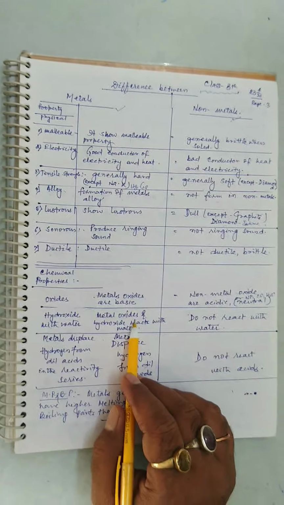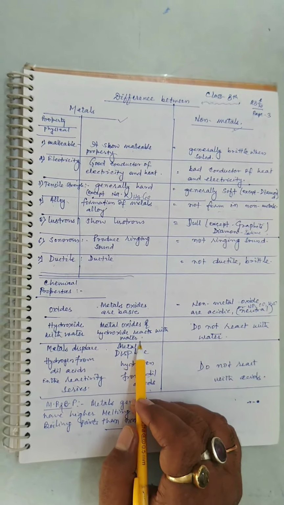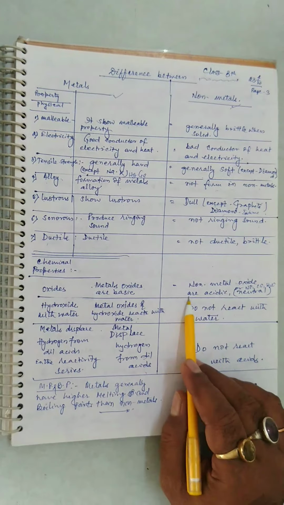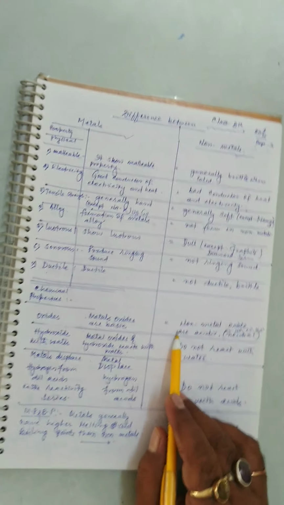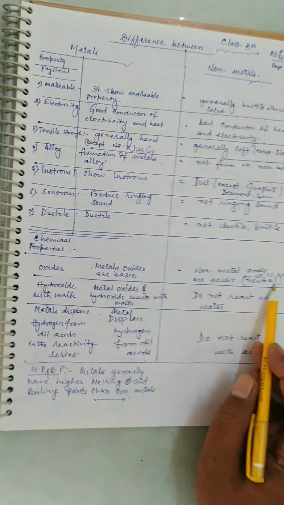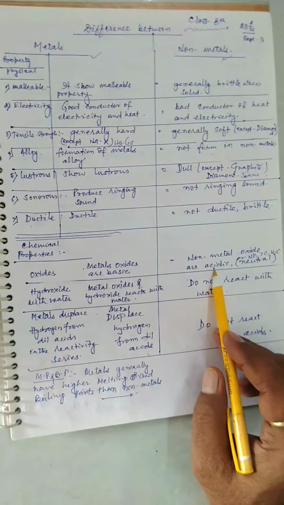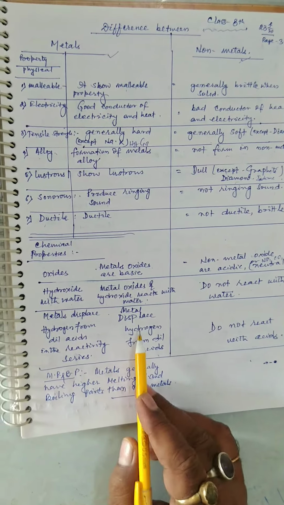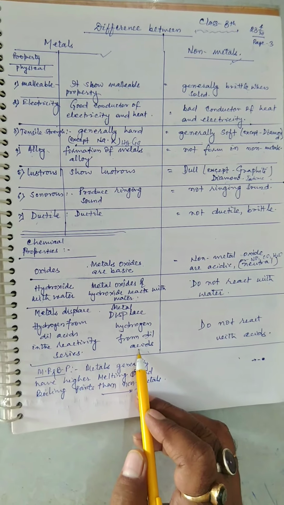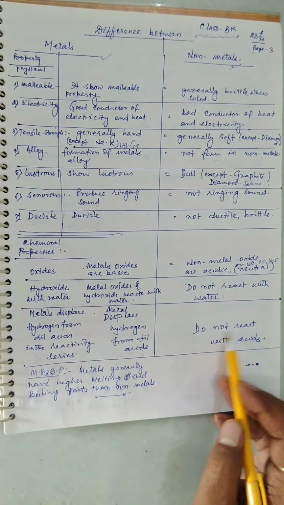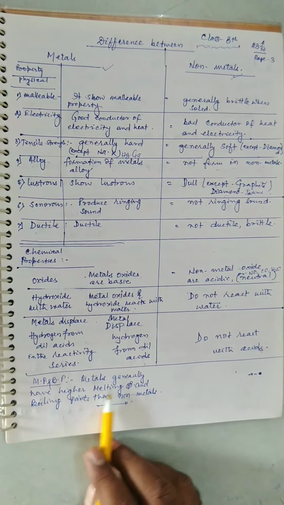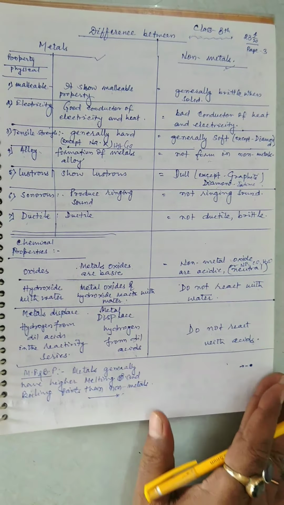Metal oxides and hydroxides react with water easily. Non-metals do not react with water. Oxides of non-metals are acidic in nature and some are neutral. Metals displace hydrogen from dilute acid and non-metals do not react with acid. The melting point and boiling point of metals are generally higher than non-metals.